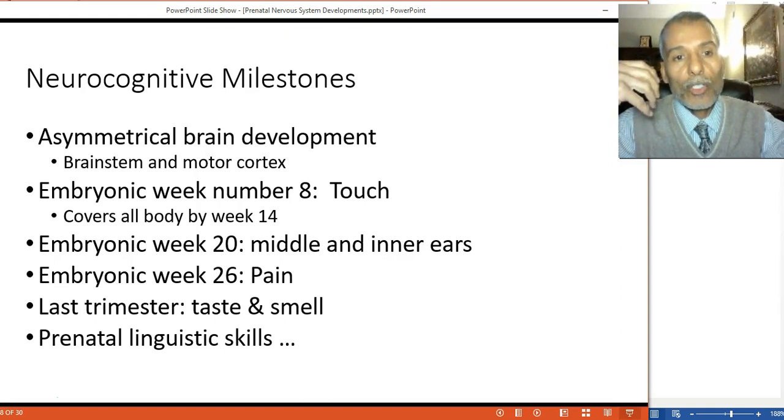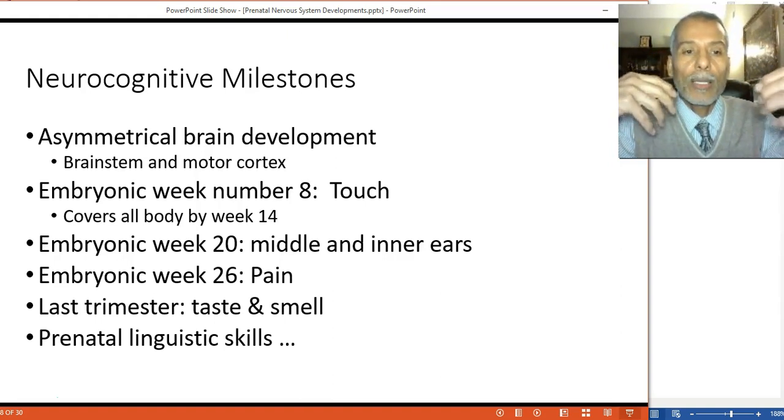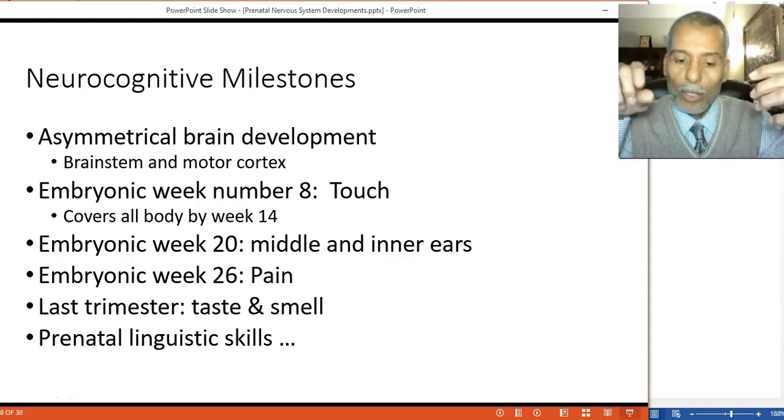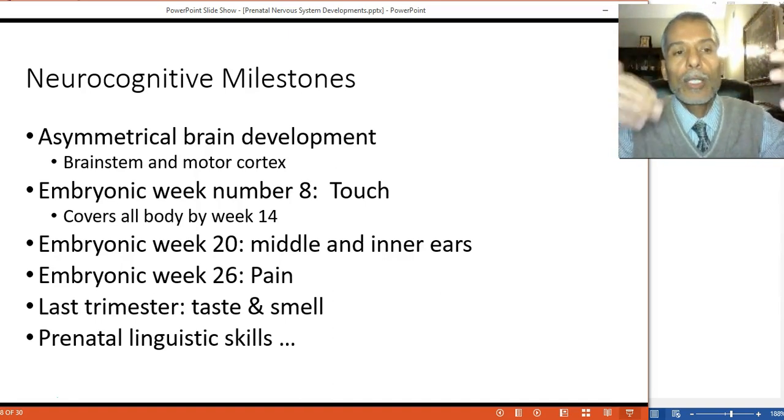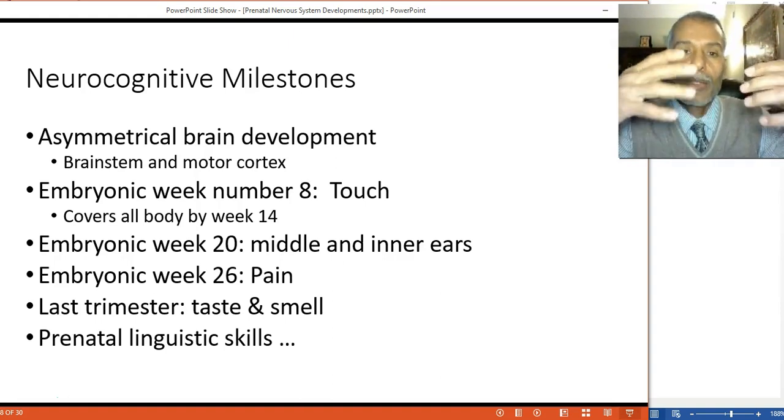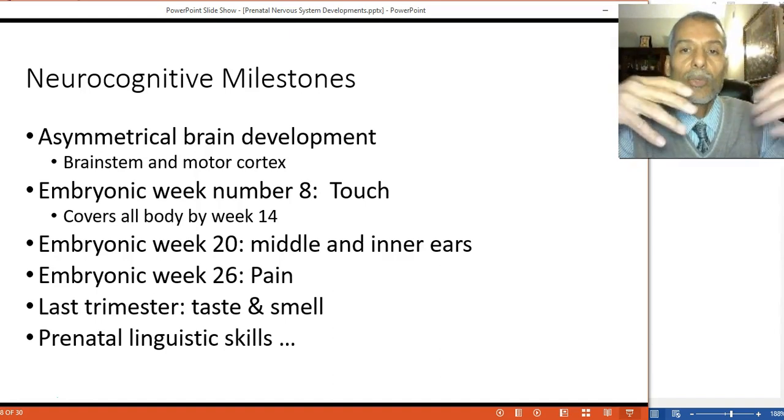What are these functions? You want immediately, as soon as you have a brain, you want it to have control of the heart, control of lungs and different structures and hands and all of this. So it makes sense that you develop these centers before the other centers that are needed for other areas to develop.